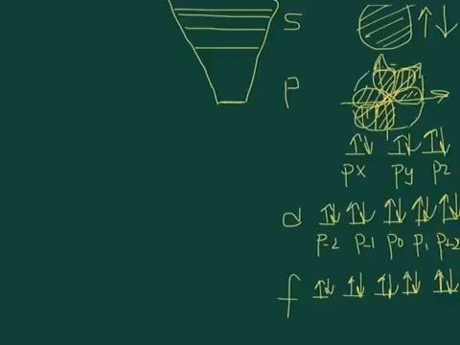So in the first floor, we have only 1 room. In the second floor, we have 2 rooms. In the third floor, we have 1, 2, 3 rooms. In the fourth floor, we have 1, 2, 3, and 4 rooms, and so on as we go up.